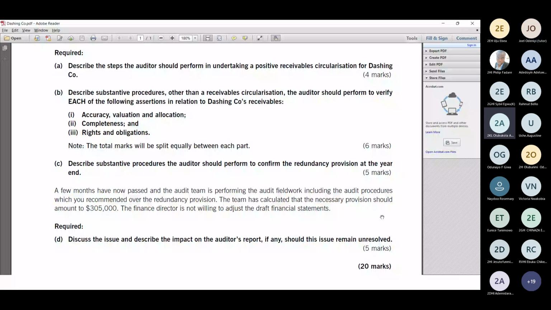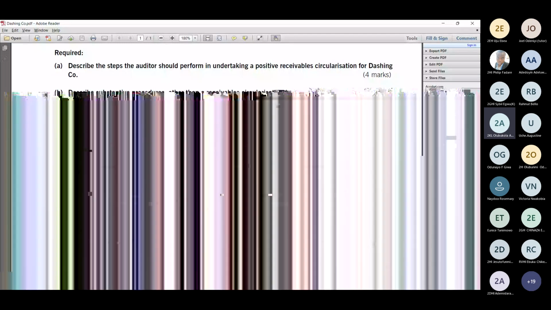Can't I say 5% of 2.6, then I get the amount? I know what you want to do. So 5% of 2.6 is about 130,000, and I can now say 119,000 is below 130,000, so it's below materiality. Can I use that as well? Do you say it's below materiality?